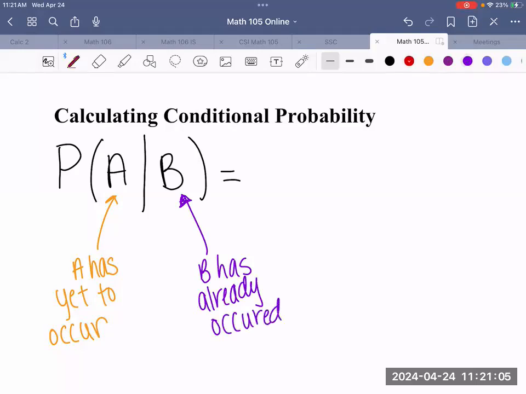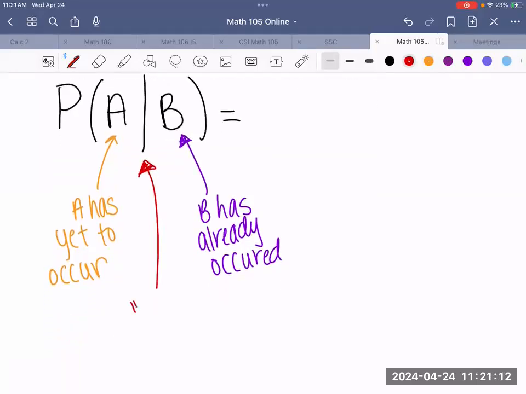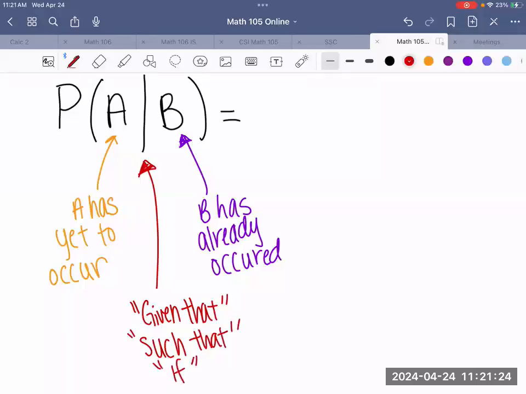And this little line we saw back in, I want to say 6.1, is called given that, or such that, or if. Anything that suggests something that has followed has already happened.